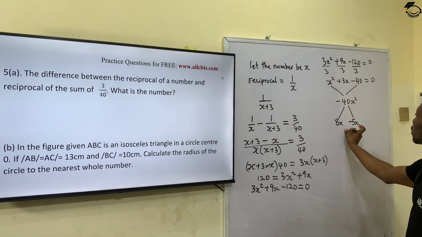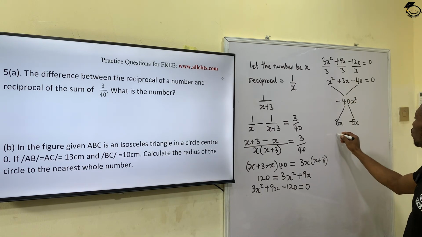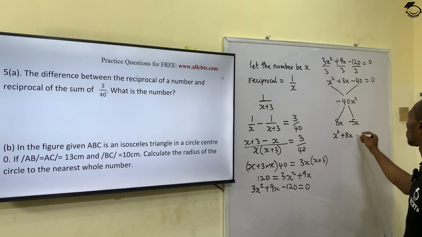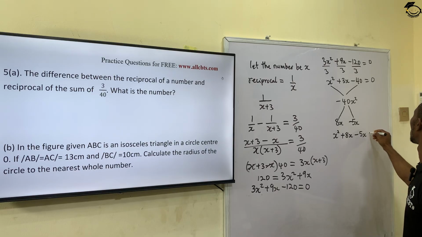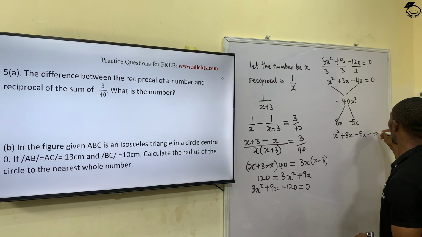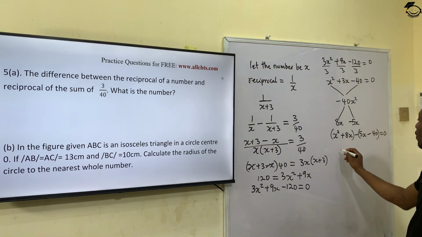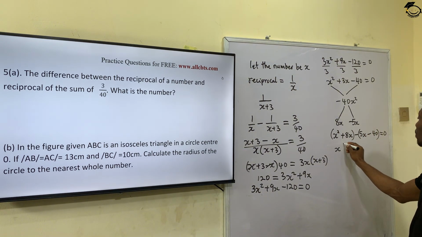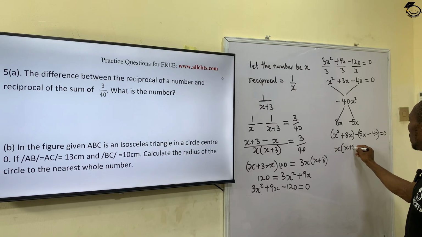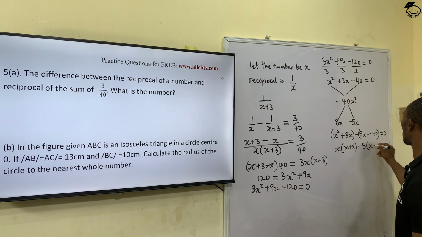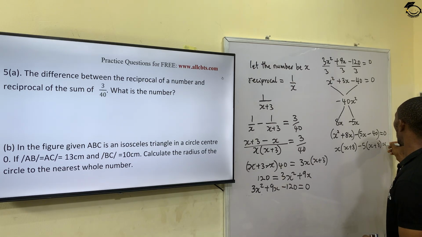Now, bringing these two terms together to replace this, we have x squared plus 8x minus 5x minus 40 equals 0. Group these two together, what's common here is x plus 8, minus 5 x plus 8 equals 0.